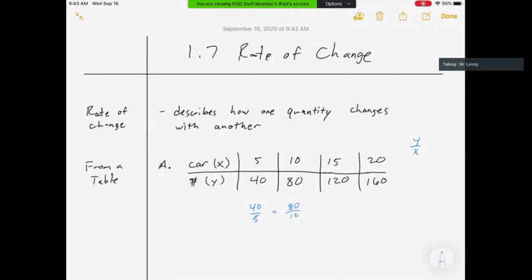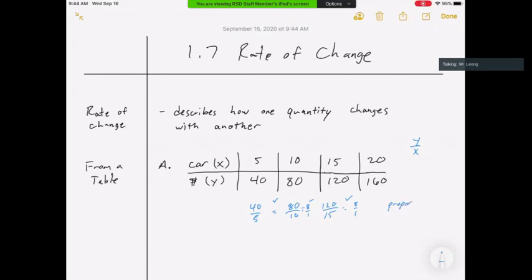Yeah, those are equal, that simplifies the same. How about 120 over 15? That's the same thing as 8 over 1, so that's good to go. And this is also 8 over 1. So you would say this is proportional, yes.